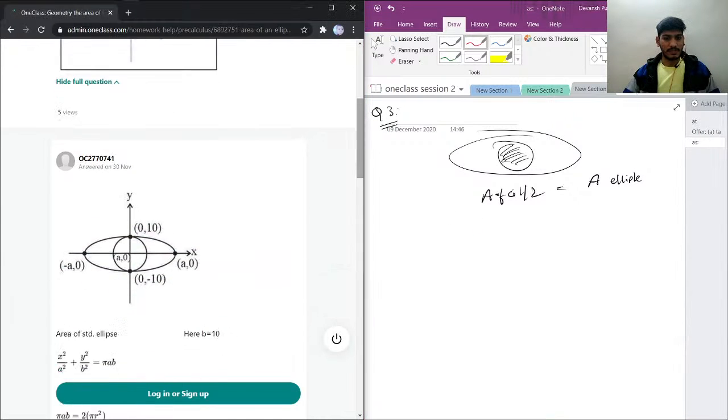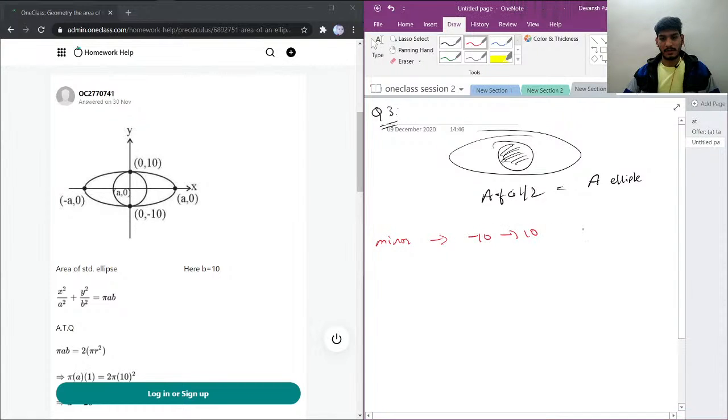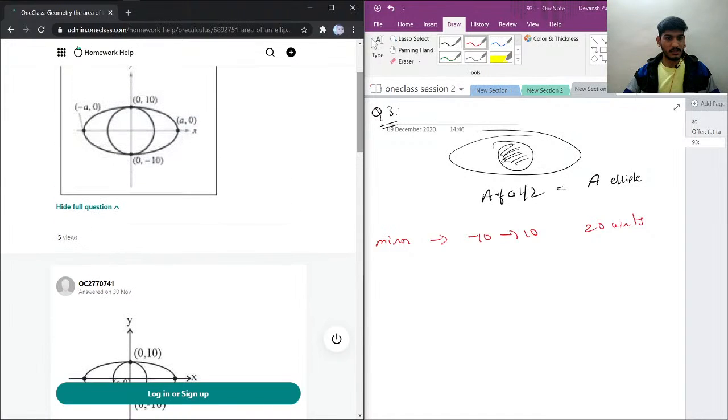And let's see the solution given by the Junior Tutor. So we have the minor axis coordinates, which is from negative 10 to positive 10, or 20 units, and the center is going to be 0.